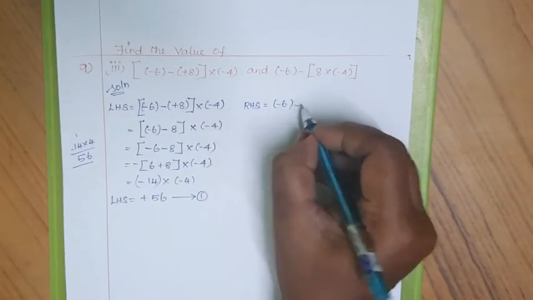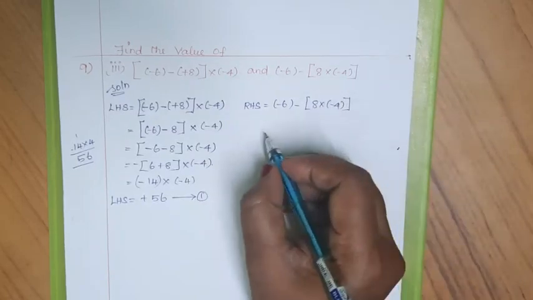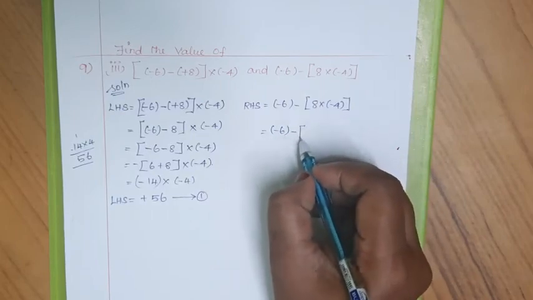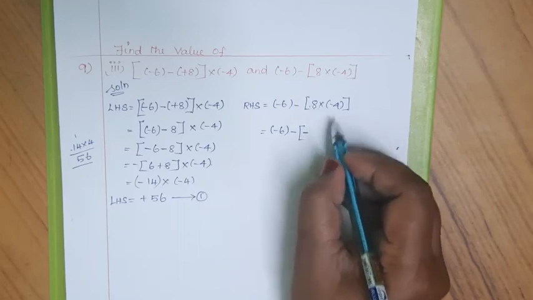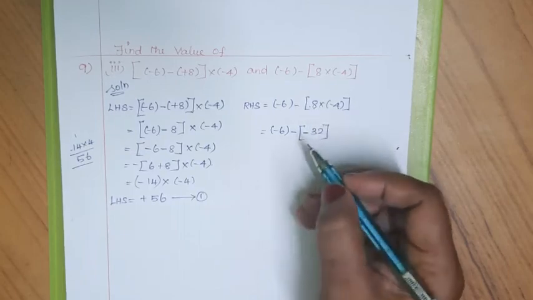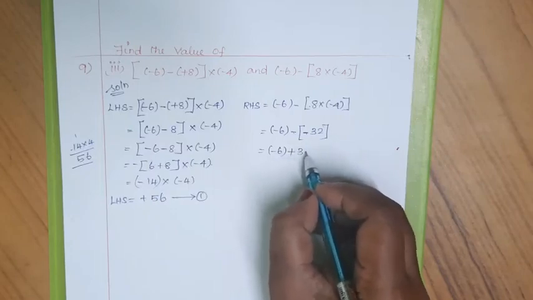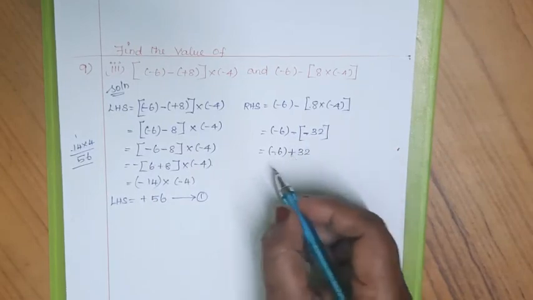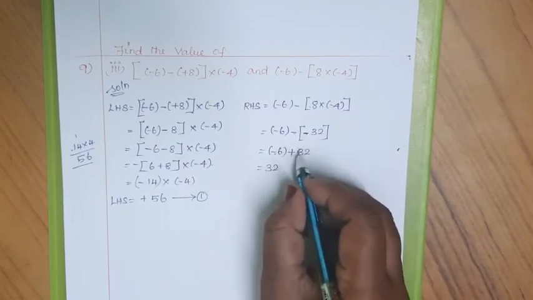Now let's see the right hand side. Minus 6 minus of 8 into minus 4. Multiplying 8 into minus 4 we get minus 32. Minus 6 minus into minus is plus 32. Minus 6 plus 32. Both have alternate signs.